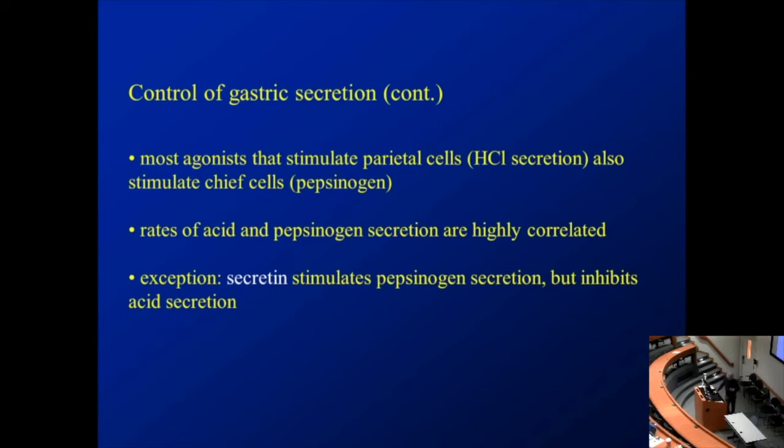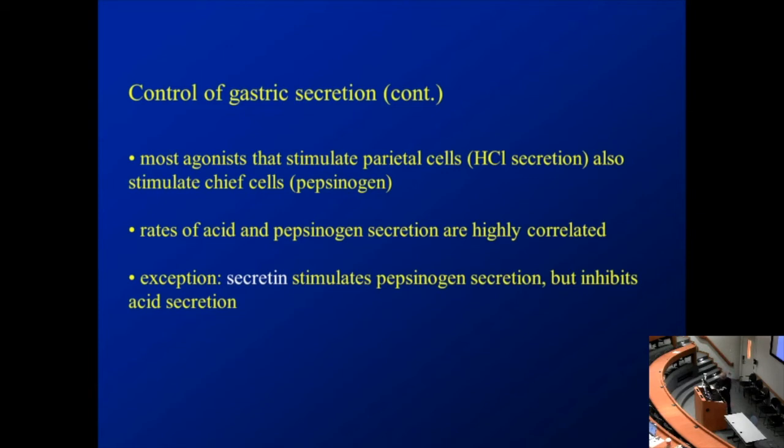If one goes up, the other one goes up, and that makes perfect sense because you need the acid for the pepsinogen to be cleaved and become active, but also to be able to work in an appropriate environment. There is an exception to that. Secretin is more specific towards stimulating pepsinogen secretion, but is actually inhibitory to acid secretion. So most of the time, the agonists work in tandem to go in the same direction. There is one exception to that, and that refers to secretin.